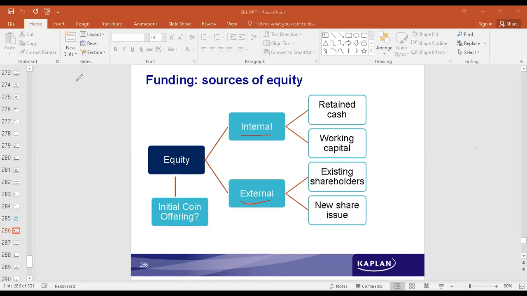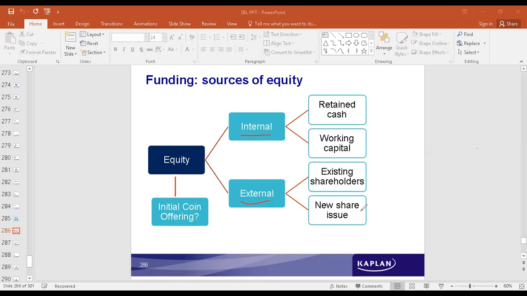That's the initial gathering of capital. But later on, when they require some more capital, they can issue shares to completely new shareholders or to the existing shareholders. For existing shareholders, we call it a rights issue. Or they can issue shares to new investors in the market. So that would be a new share issue.